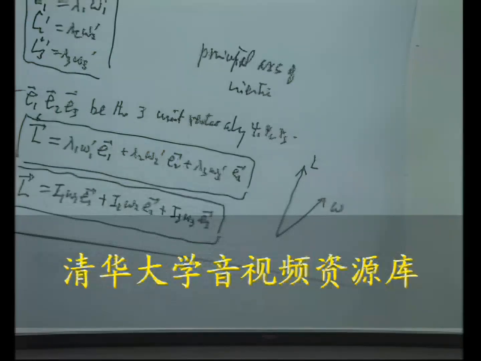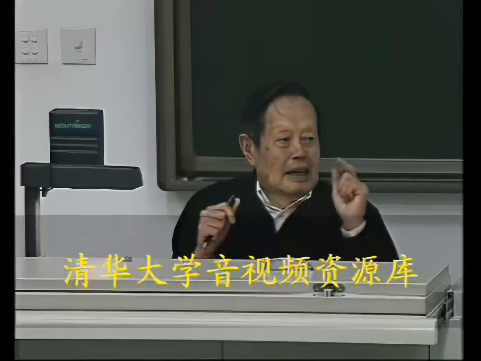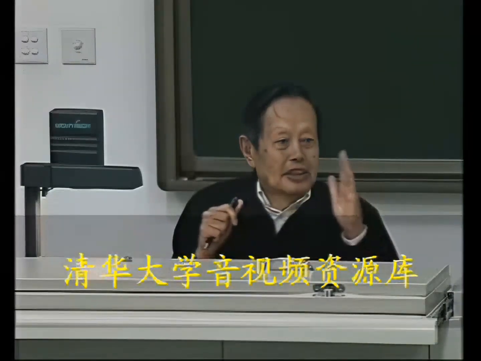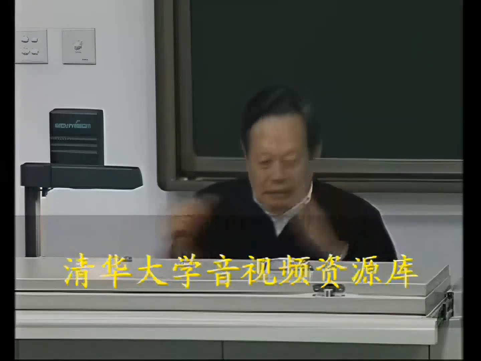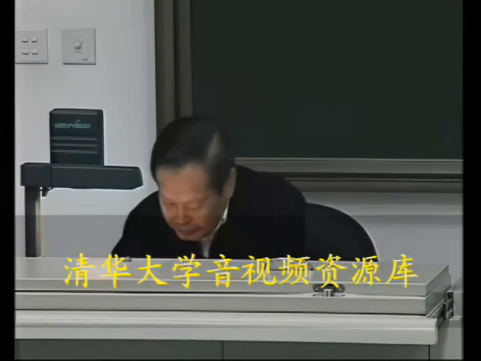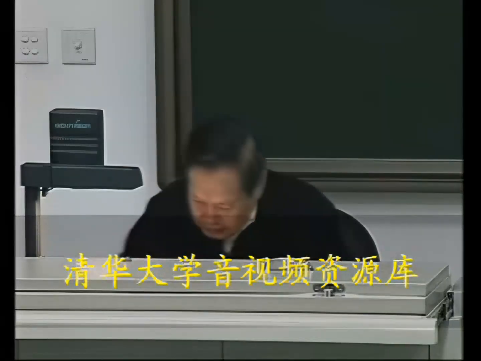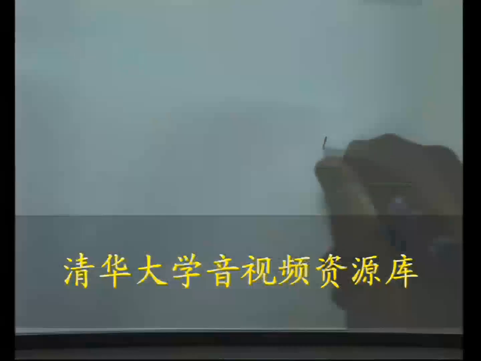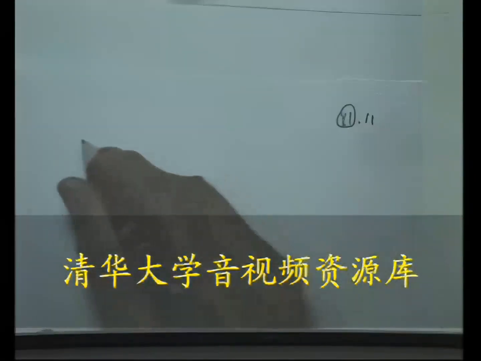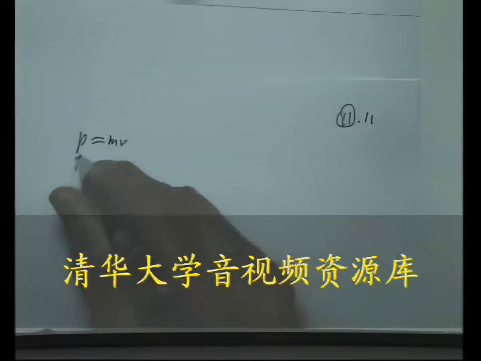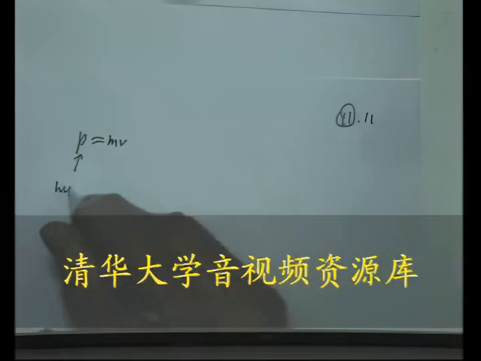In linear motion, P, linear momentum, is equal to m times v. P is the linear momentum.